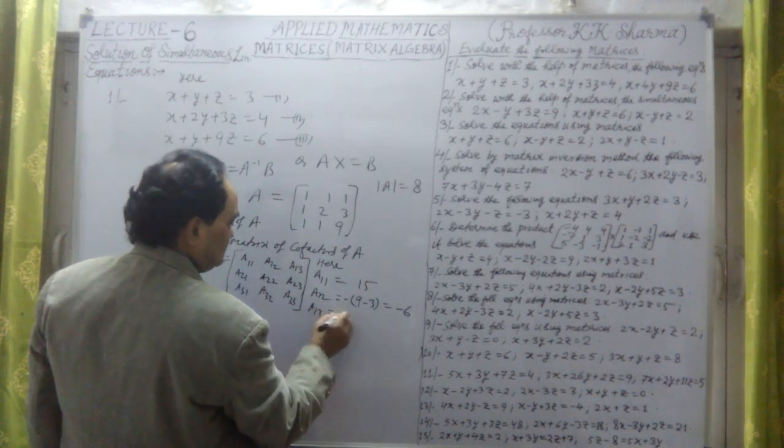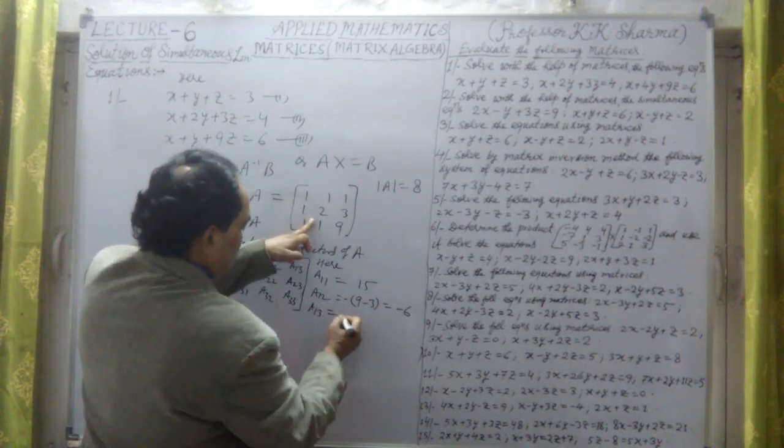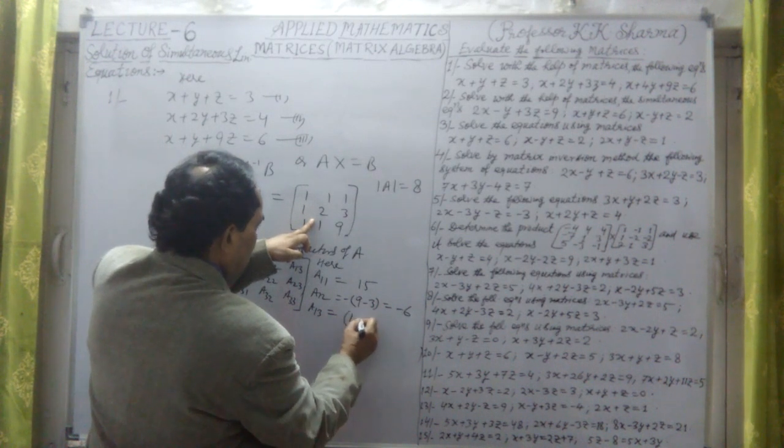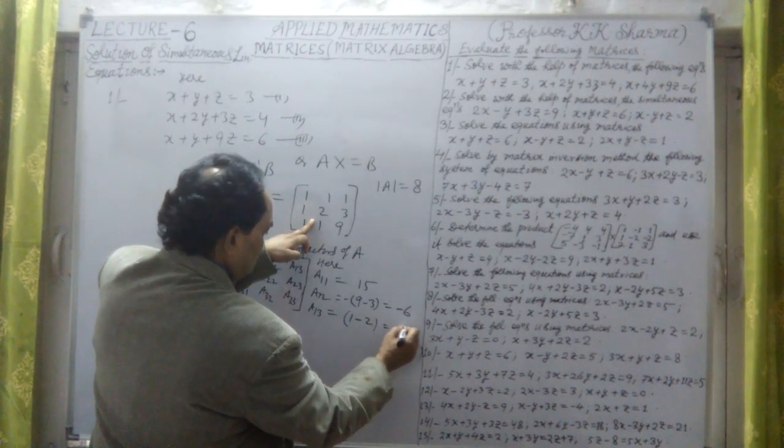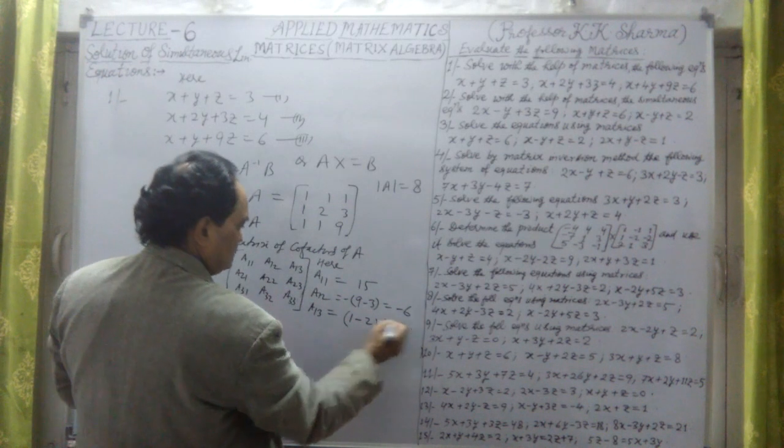And A13 is positive, but 1 minus 2 is minus 1. It is minus 1 here.